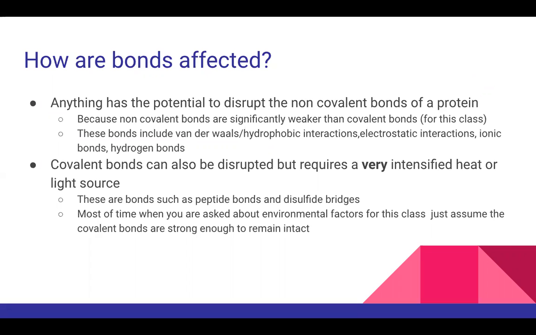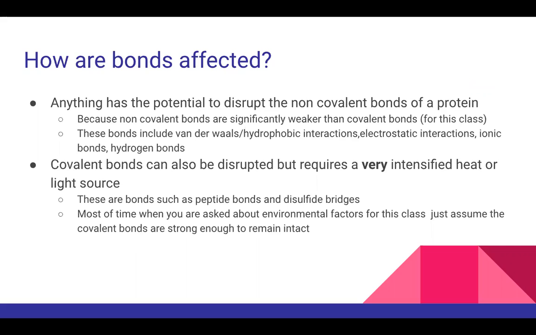So we'd expect that anything like temperature or light energy can disrupt these bonds. These weaker non-covalent bonds are van der Waals, electrostatic interactions, which are called ionic bonds, and hydrogen bonds. Covalent bonds could be disrupted, but this requires a super strong intensified factor, meaning very high heat or a light source.